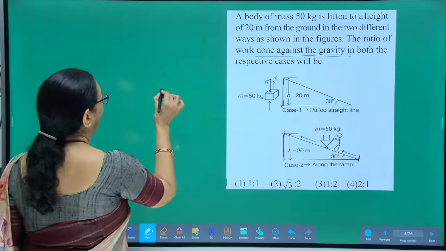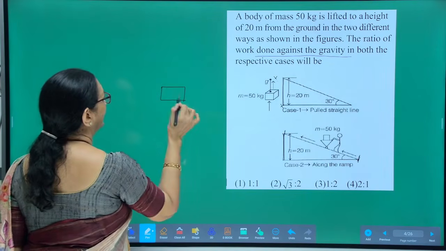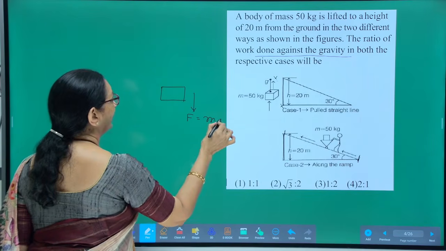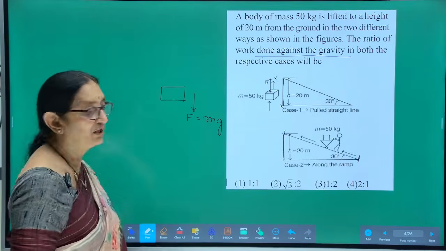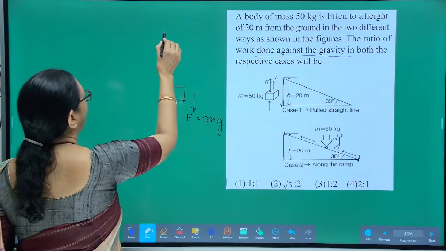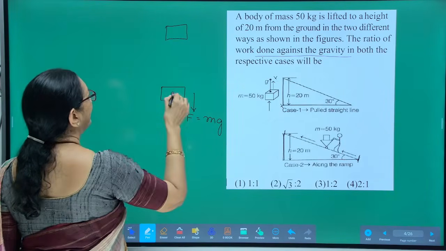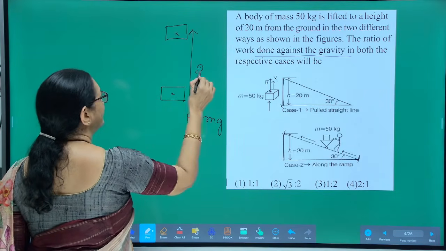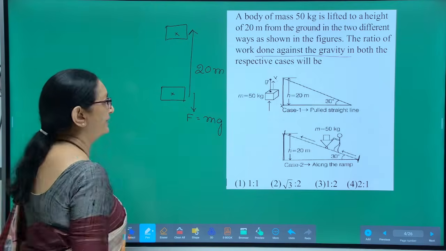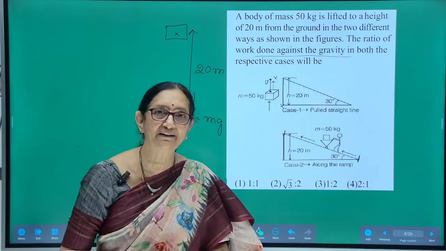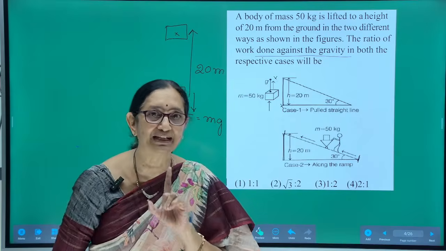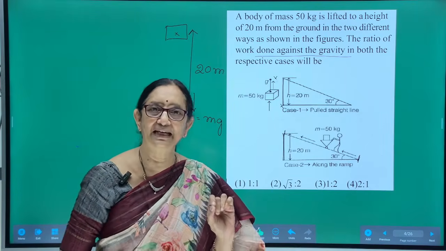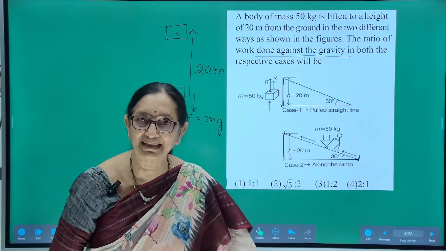So, here on this block, gravitational force will be acting in the vertically downward direction. In both cases, the vertical shift in the center of mass of the object is 20 meters. So, gravitational force is a conservative force. In case of conservative force, work done is independent of the path taken.